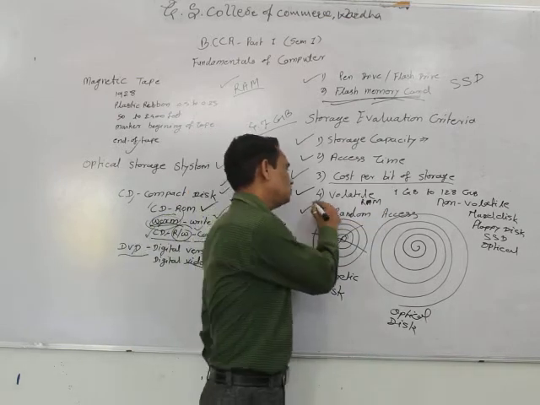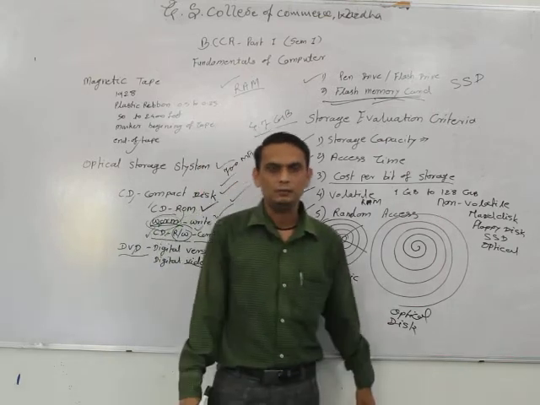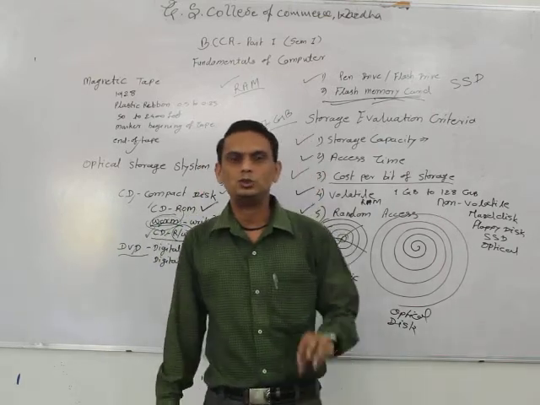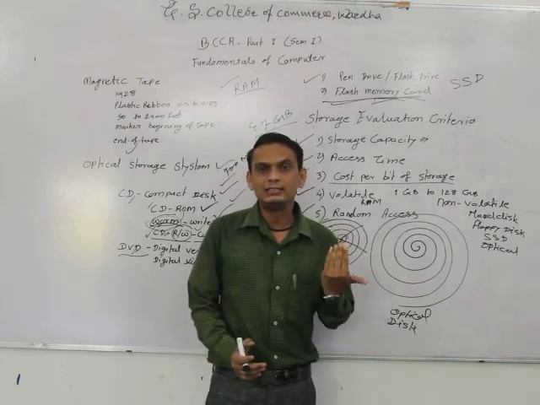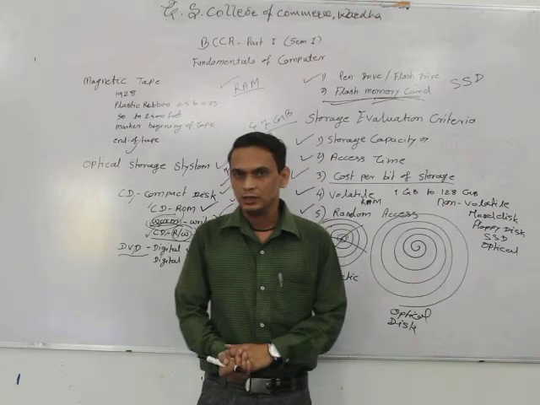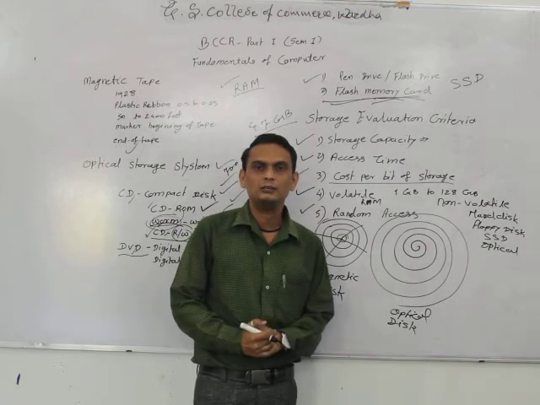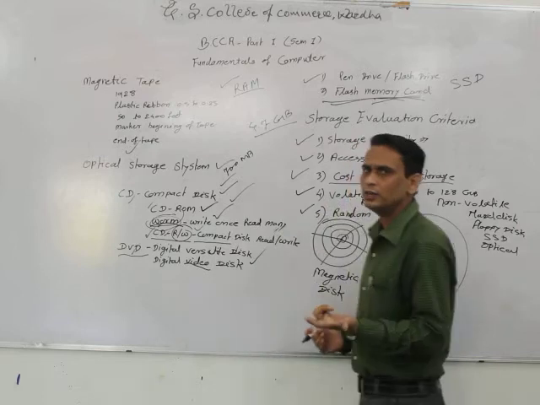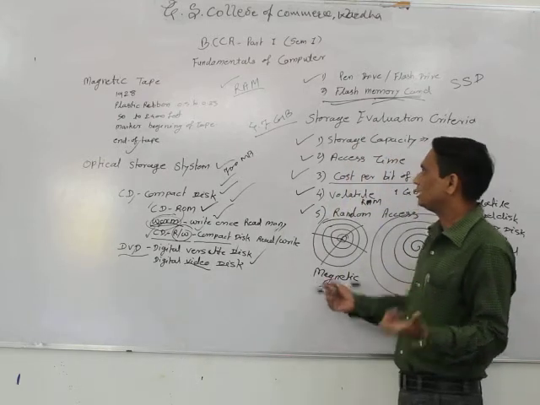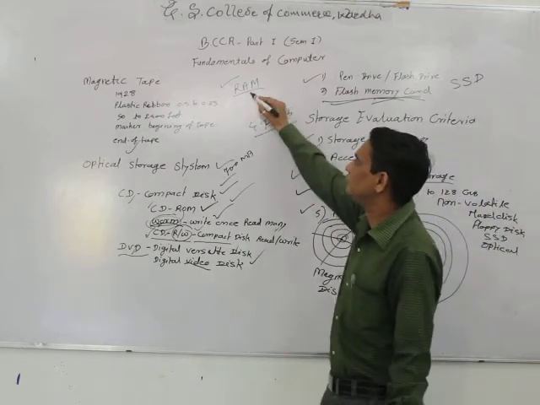And last one, random access, means any data can be stored in a particular location and it can be accessed by the system. Just like RAM is a random access system, the name itself is RAM, random access memory.